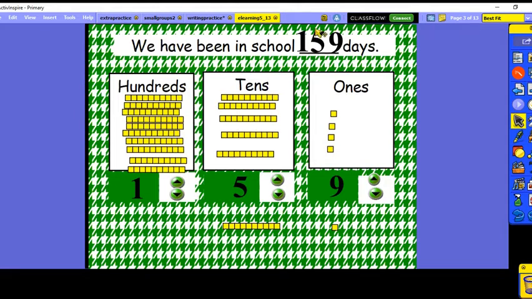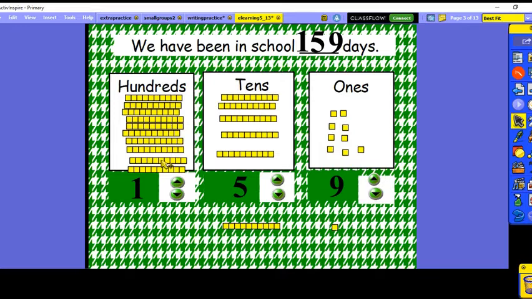We have been in school for 159 days. So here's our 10 tens for 100. Here's our 5 tens for 50. So let's get up to 9 ones. 1, 2, 3, 4, 5, 6, 7, 8, 9.